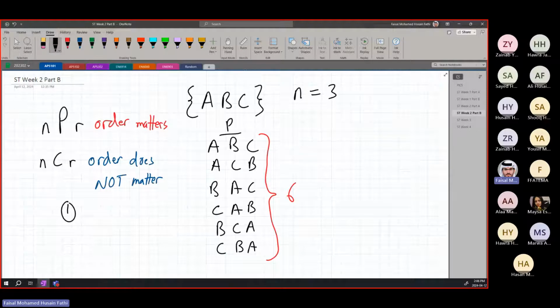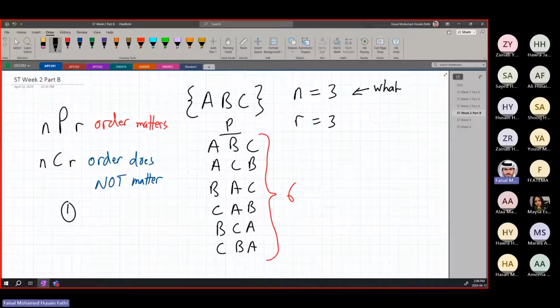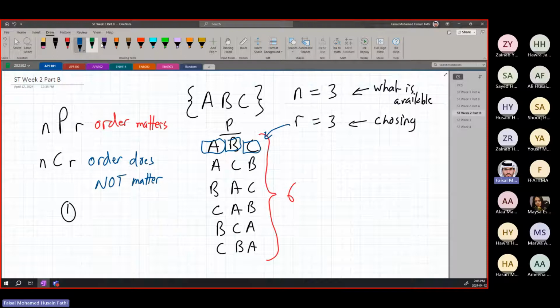And R is also equal to 3, where N is what is available, and R is what we are choosing. So in this case, we're choosing 3. If you notice here, we have 1, 2, 3 choices we are choosing. This is our R, and this is our N, A, B, C, what we are given.